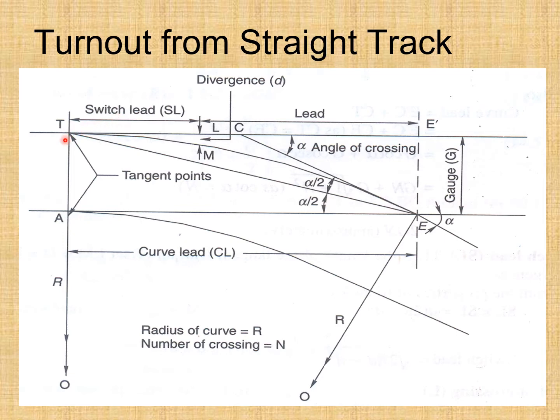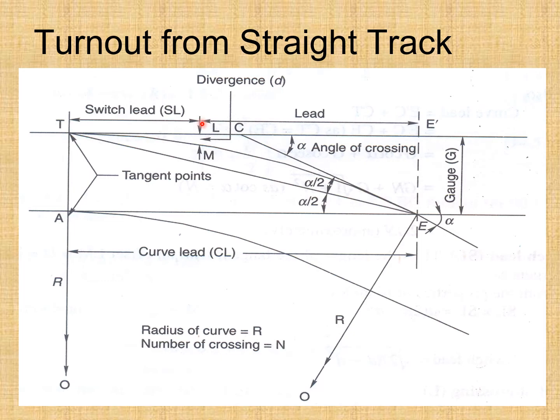The distance from this point T to this point where you have the heel divergence is called the switch lead. This is the heel divergence, that is D, and from this particular point where you have the heel divergence up to the nose of the crossing, this point E, this distance is called the lead.